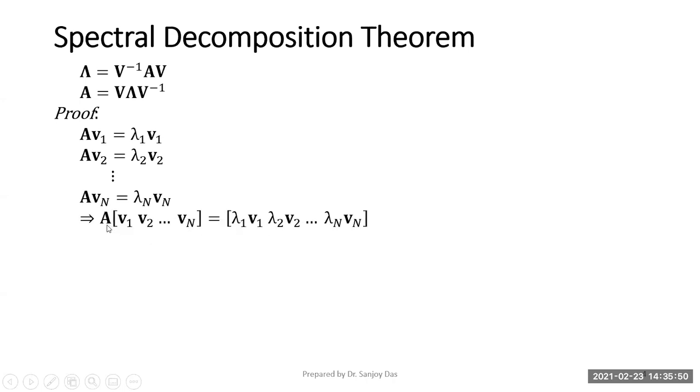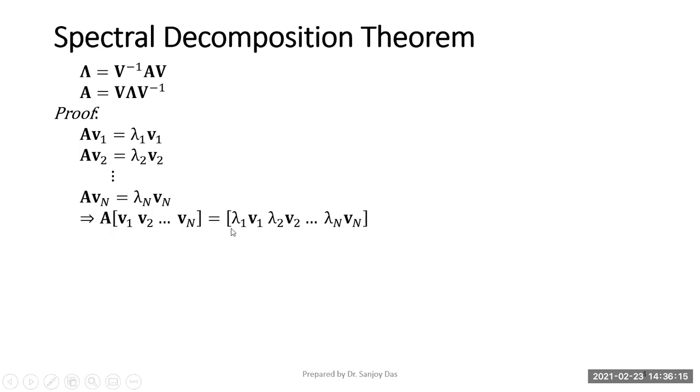Now, let's take this v1, v2 until vn. We arrange the eigenvectors in this fashion. Clearly these equalities lead up to this equality here, and you can read it off. Let's look at the first column on the left-hand side. It's Av1.